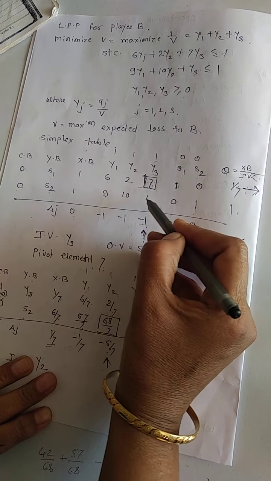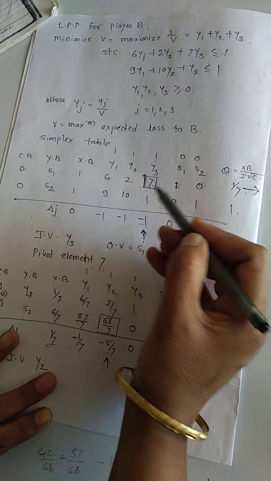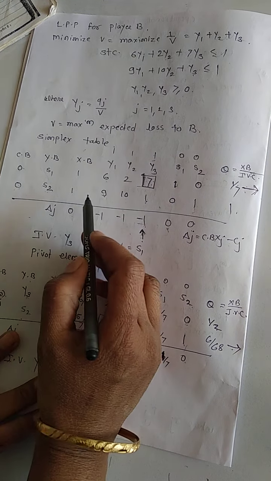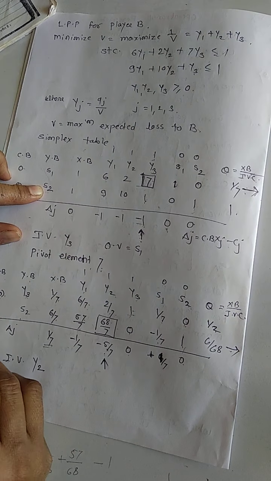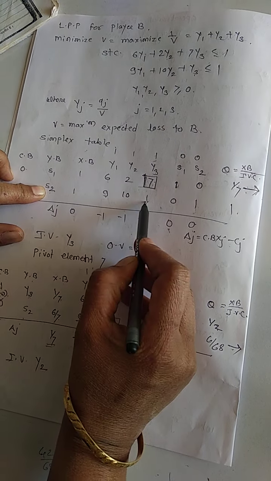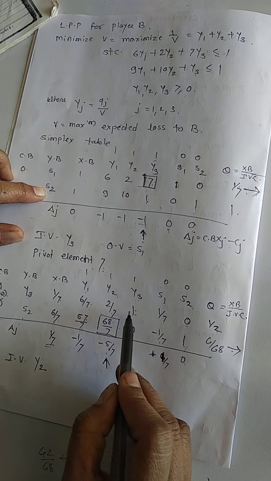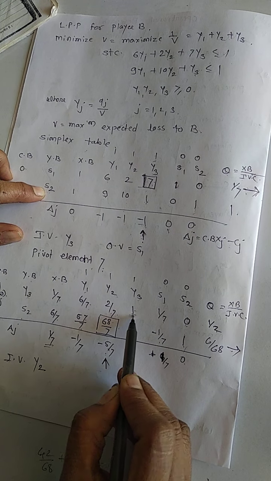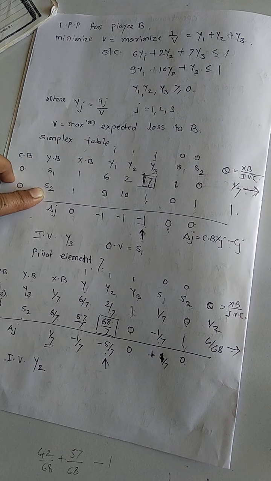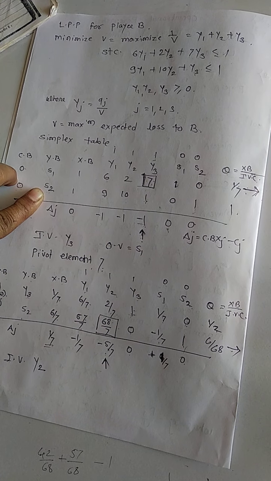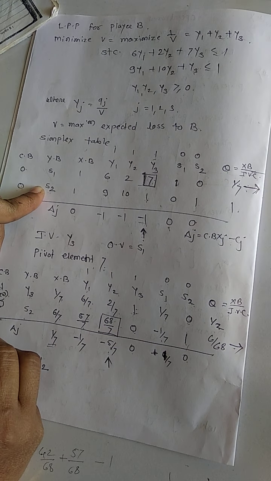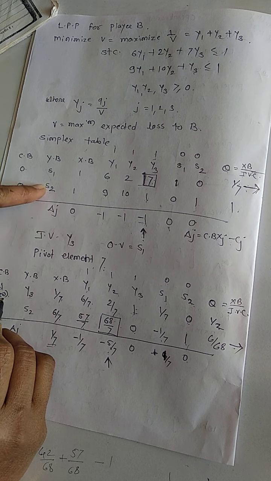Then make the key element here 1. Then below the key element, this element becomes 0. Therefore, here use the operation R2 equals old R2 minus R1 new. Here R2 is 1 and new R1 Y3 is 1. Therefore, R2 minus R1 is equal to 0, which means this element becomes 0. Therefore, here we use the operation R2 minus R1 new.